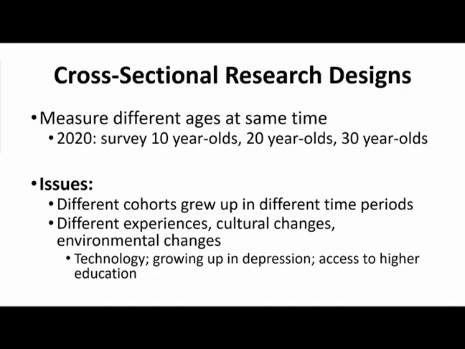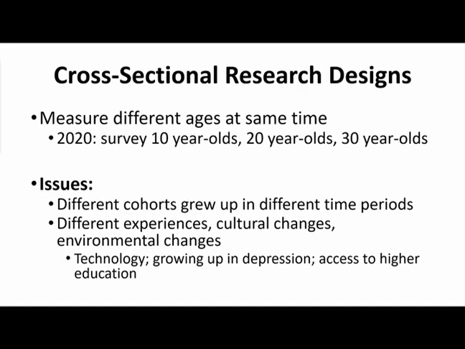So if you're doing a cross-sectional design, you're going to basically measure a bunch of people of different ages at the exact same time, or as close to the same time as you can. It obviously takes a while to measure large numbers of people.